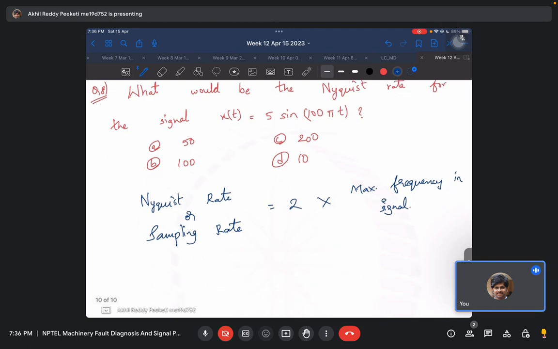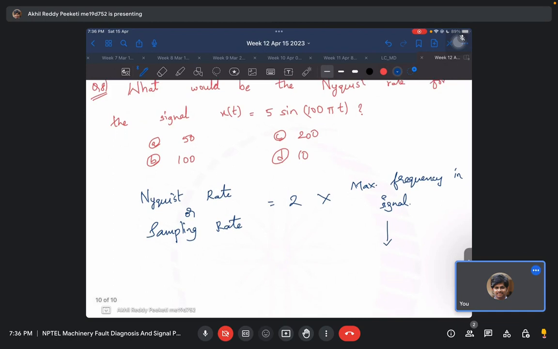Now what is the maximum frequency in the signal? So first we should get that. The normal form for a signal is omega equal to 2 pi f, and here it is 100 pi t. So f is 50.